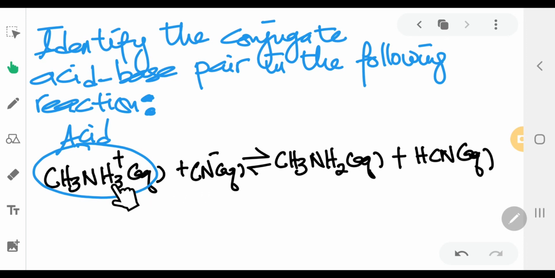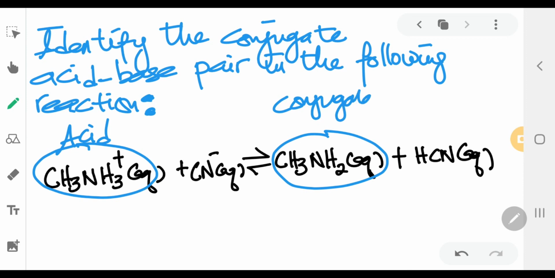And what happens to this after the donation? It will turn into CH3NH2. So that is quite clear. This would be your conjugate base.